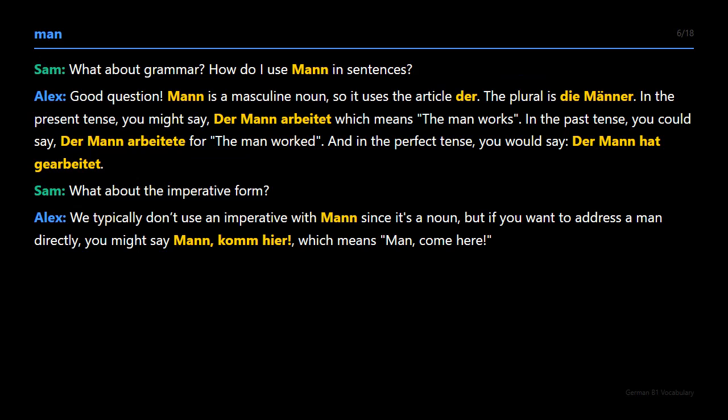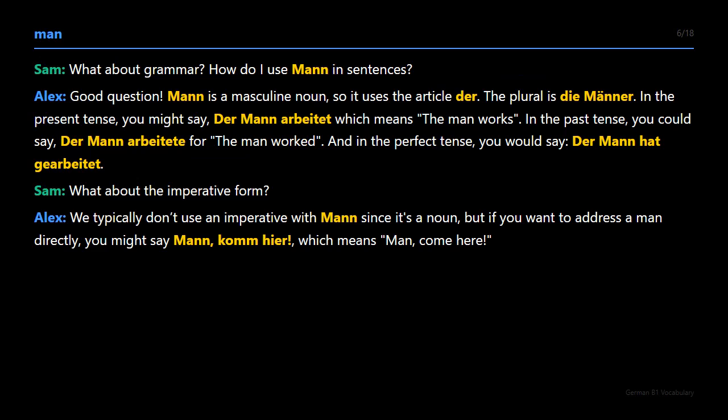In the present tense, you might say, Der Mann arbeitet, which means the man works. In the past tense, you could say, Der Mann arbeitete, for the man worked. And in the perfect tense, you would say, Der Mann hat gearbeitet.